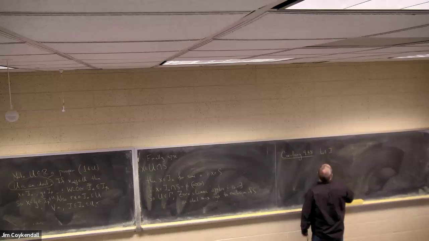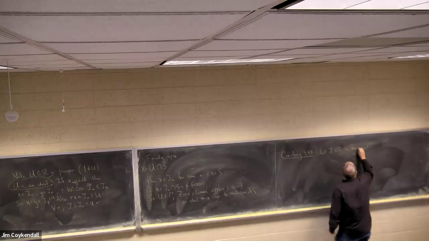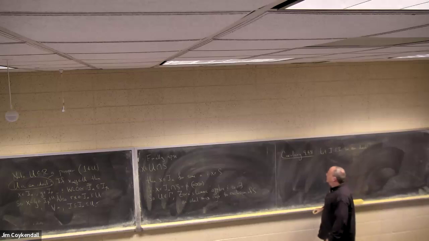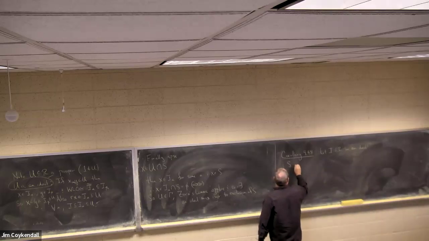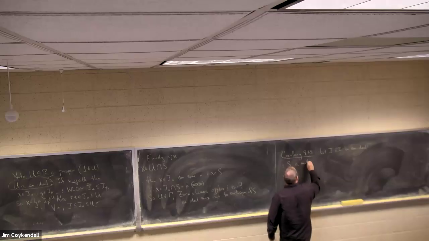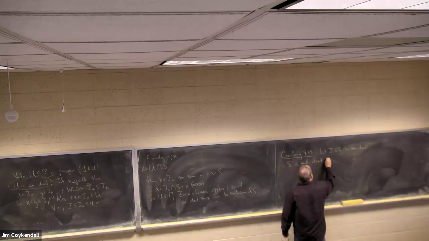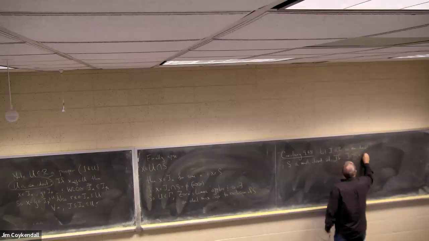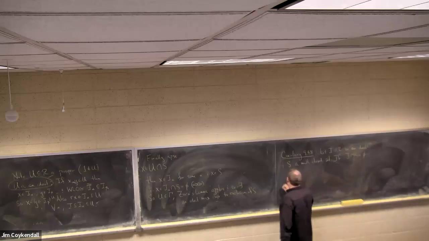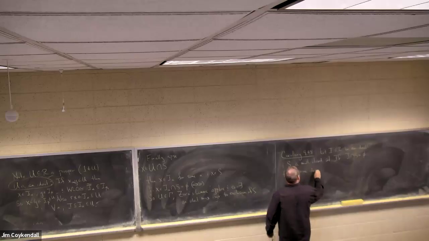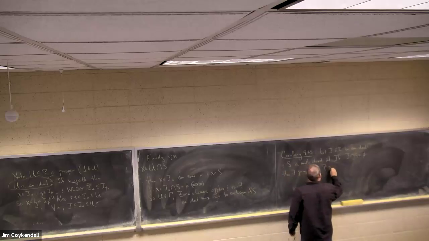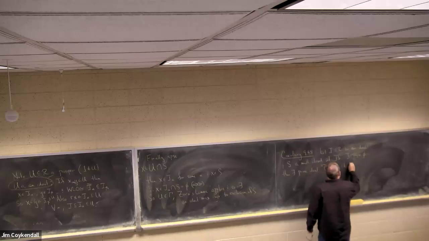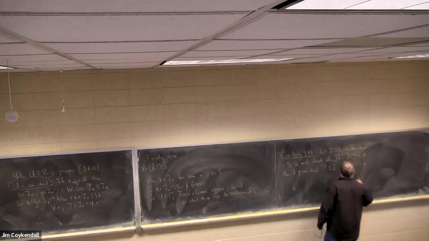So this is quite obvious to you all, but I think it's worth reporting. The ideal I and S, the multiplicative set. If I intersect S is empty, then there exists a prime ideal P containing I such that P intersect S is empty.